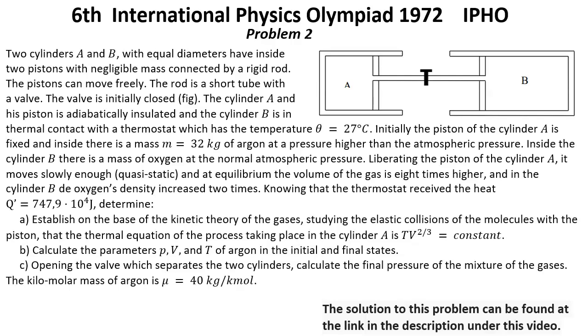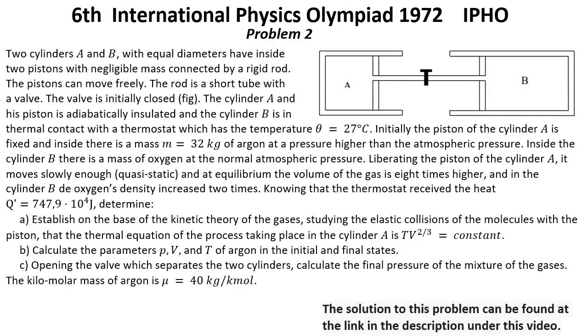Establish, on the basis of the kinetic theory of gases, studying the elastic collisions of the molecules with the piston, that the thermal equation of the process taking place in the cylinder A is T multiplied by V to the power 2/3 equal to constant.